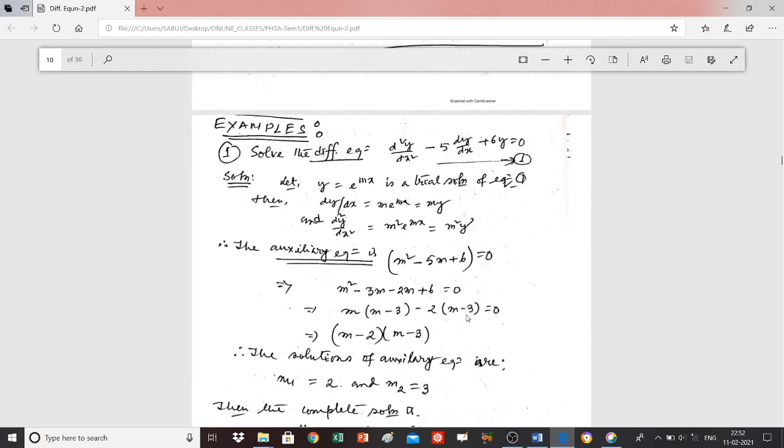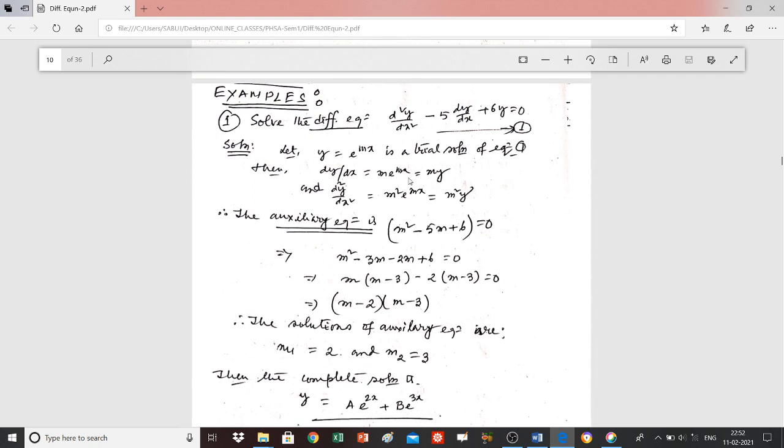Here are some examples. First one is d2y by dx square minus 5 dy by dx plus 6y is equal to 0. The method is to first consider y is equal to e to the power mx as the trial solution of this equation. So dy by dx is equal to m e to the power mx, that is my, and d2y by dx square, in a similar way, is m square y.